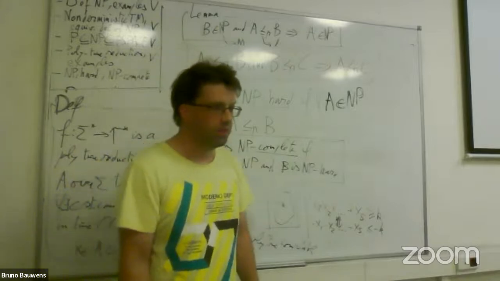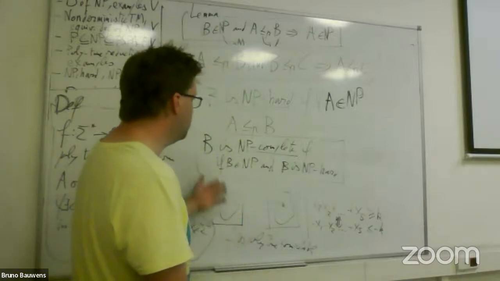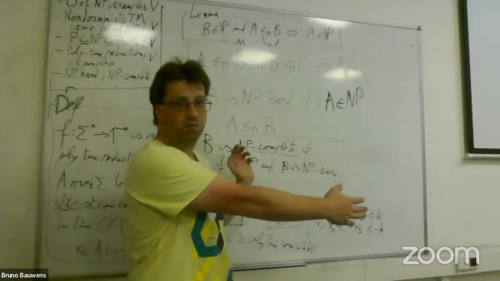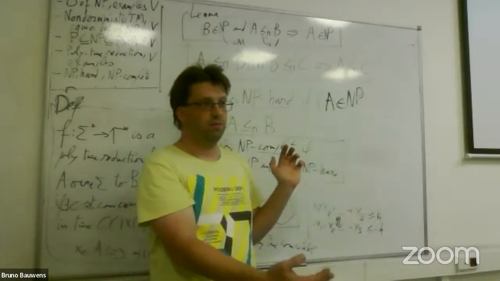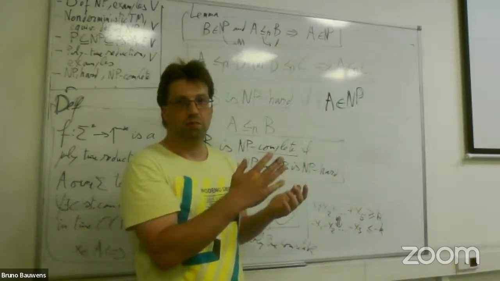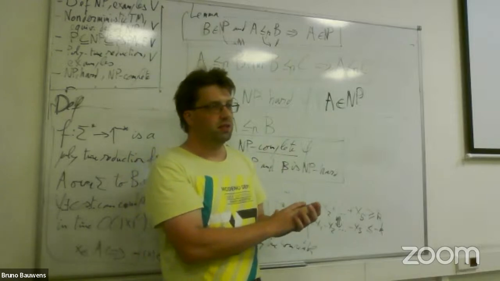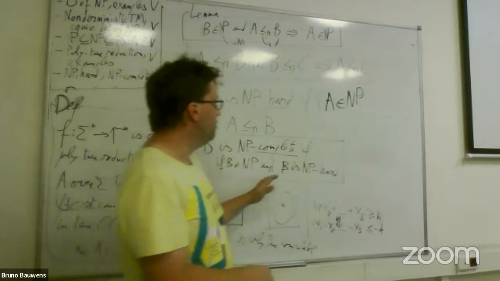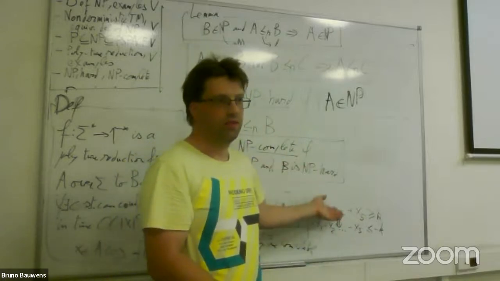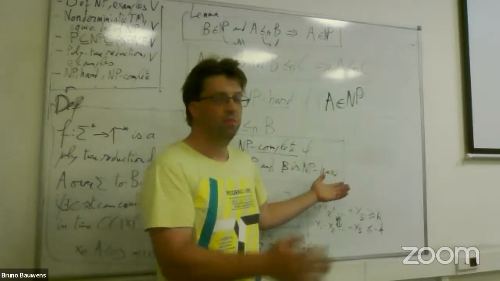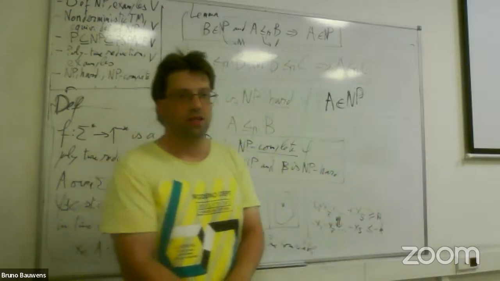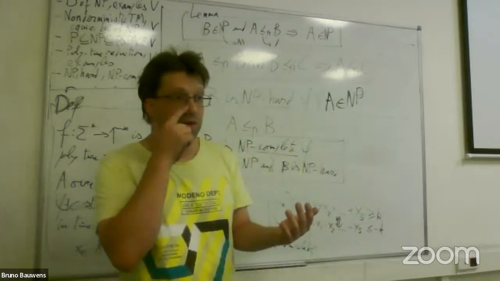It's very rare, but there exist problems that seem to be in between polynomial time and NP-complete. For example, factorization of integers, like finding prime factors. This problem is believed to be intractable, but it's also believed not to be NP-complete, because that would mean NP equals co-NP, something that nobody believes. But it's important for secure cryptography.